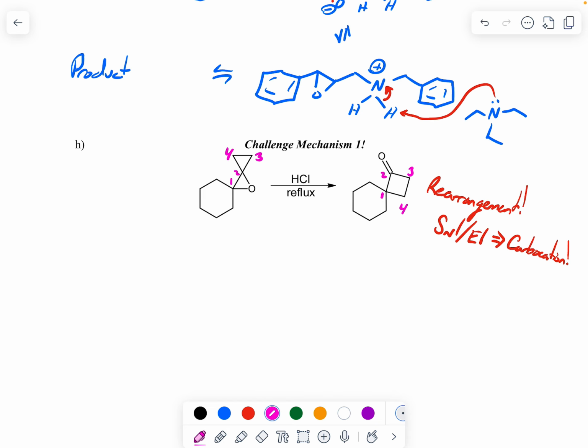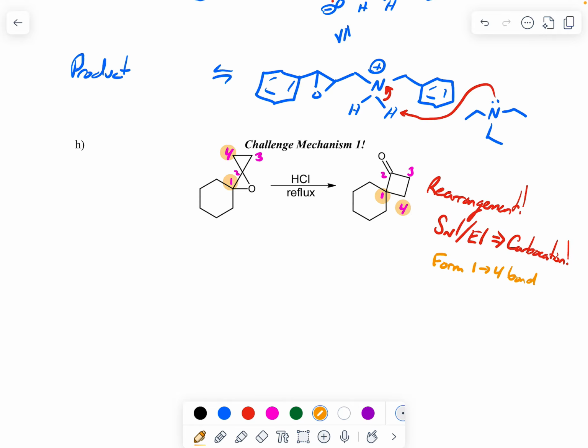So interestingly here, there's a lot that needs to happen for this reaction to actually work. One of the weirdest things is notice that carbons number 4 and 1 end up with a bond between them in the final product. So we need to form the 1,4 bond.